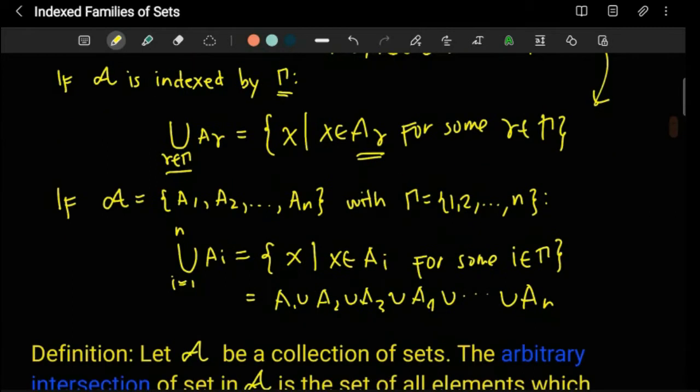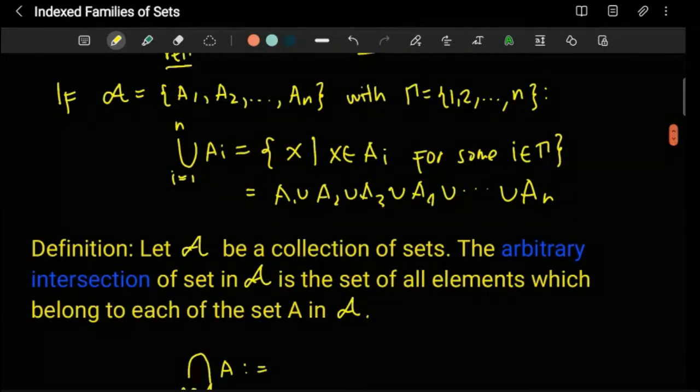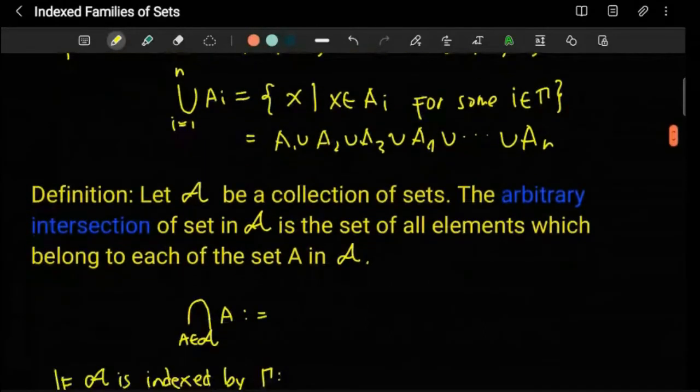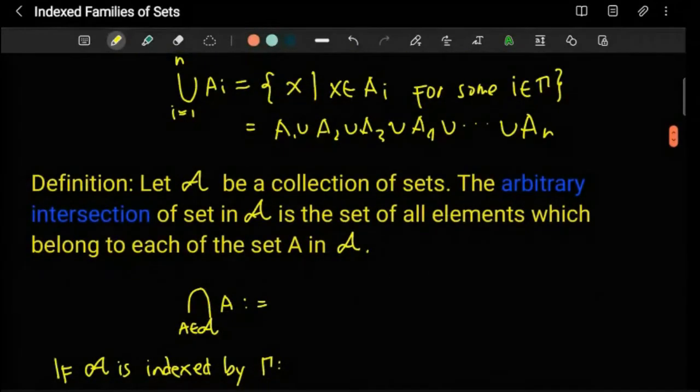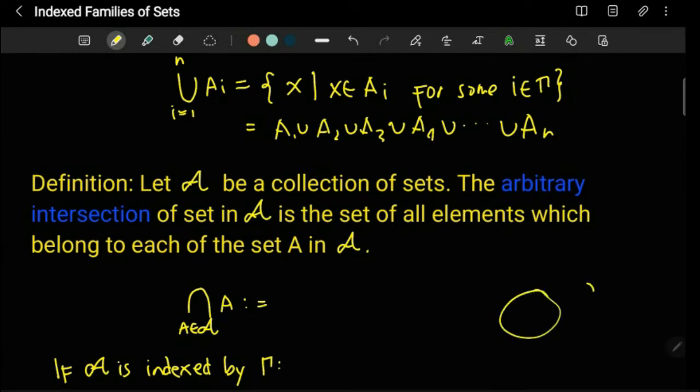Now, how do we define arbitrary intersection? So suppose we have the same collection, an arbitrary collection of sets, script A. The arbitrary intersection of sets in A is the set of all elements which belong to each of the sets A in the script letter A or in our collection. So, same case with two sets, you need to satisfy the condition that X must be a common element.